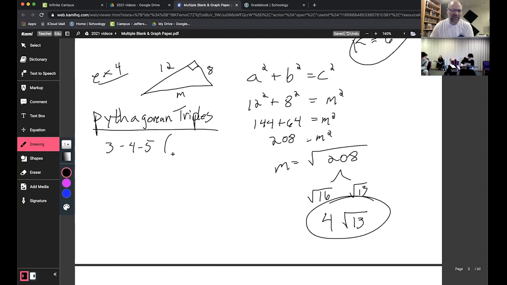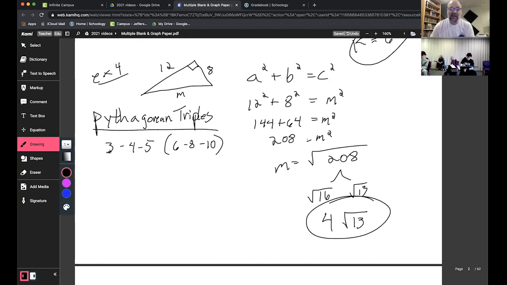So remember, if you did like a 6, 8, 10, look at that. 36 plus 64 equals 100. This is just a multiple of 3, 4, 5. So it's kind of like an equivalent fraction. This is an equivalent right triangle of the 3, 4, 5 triangle. All they did was double the sides.